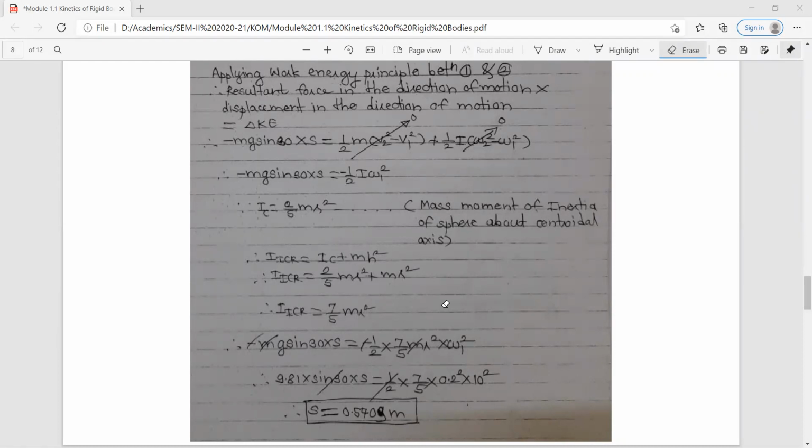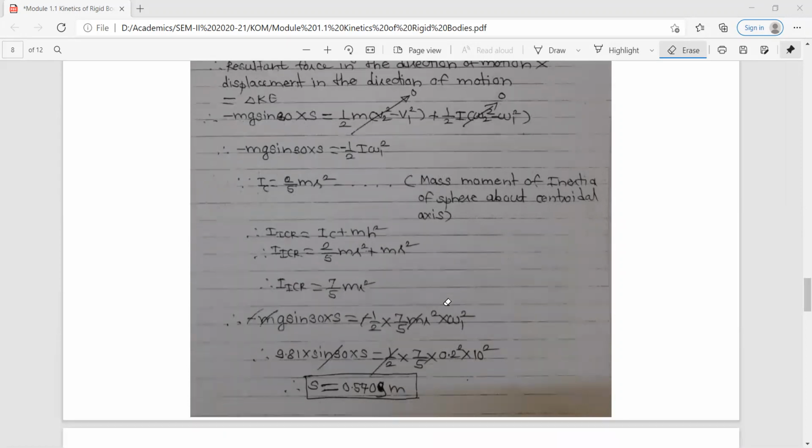Means you can save your energy because this numerical along with the next one are repeatedly asked. Okay, and anyway, if you are lucky, they may be asked this time also. But if you are quite interested in mechanics and all, then you can go for more numericals also. Okay.